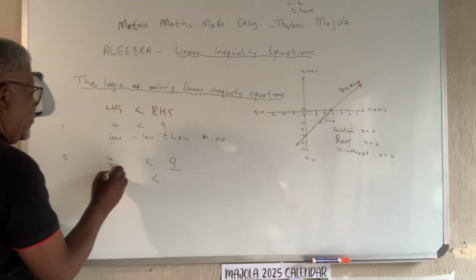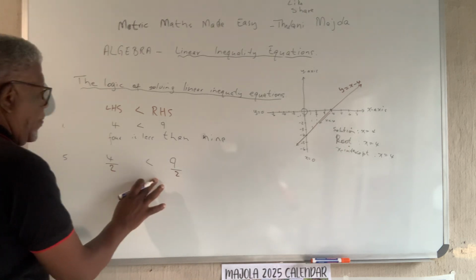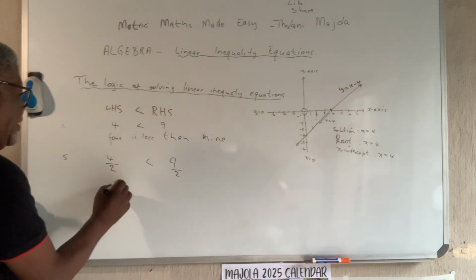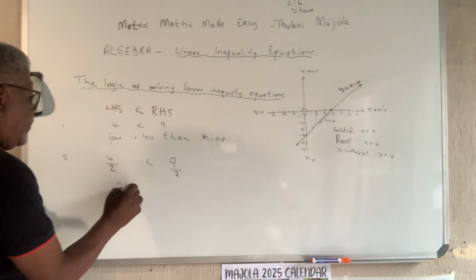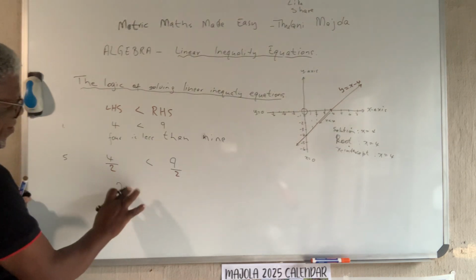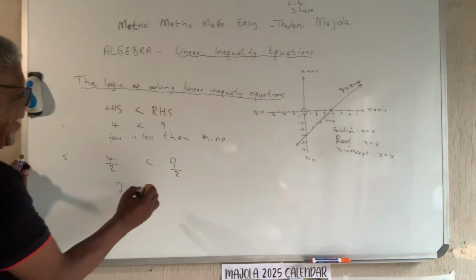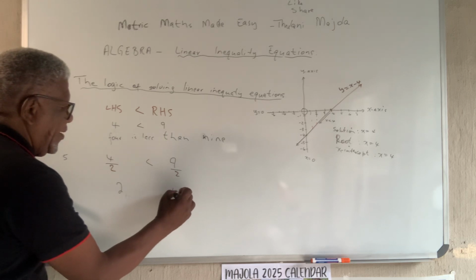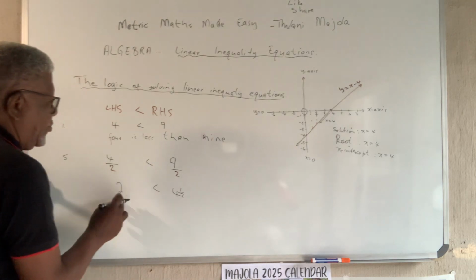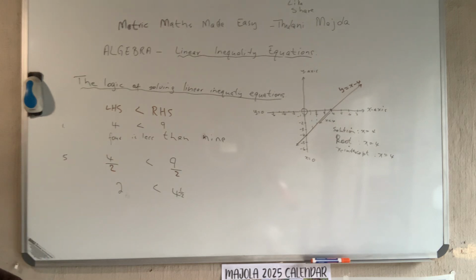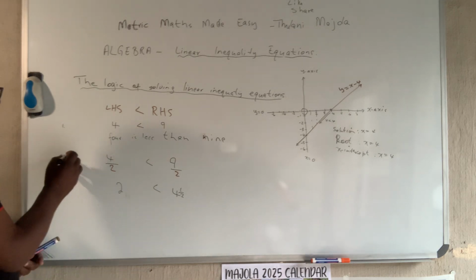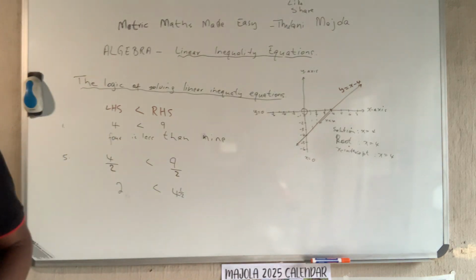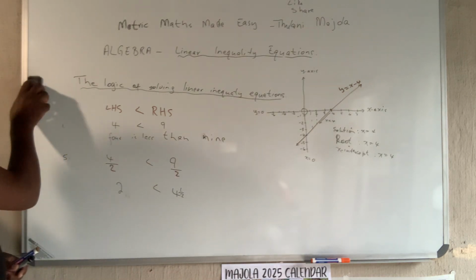So if you divide by 2 here and then divide by 2 here, you get 4 divided by 2 is 2, and then 9 divided by 2 is 4 remainder 1, 4.5. So 2 is less than 4.5. So it's all good when we add, when we subtract, when we multiply, and when we divide.